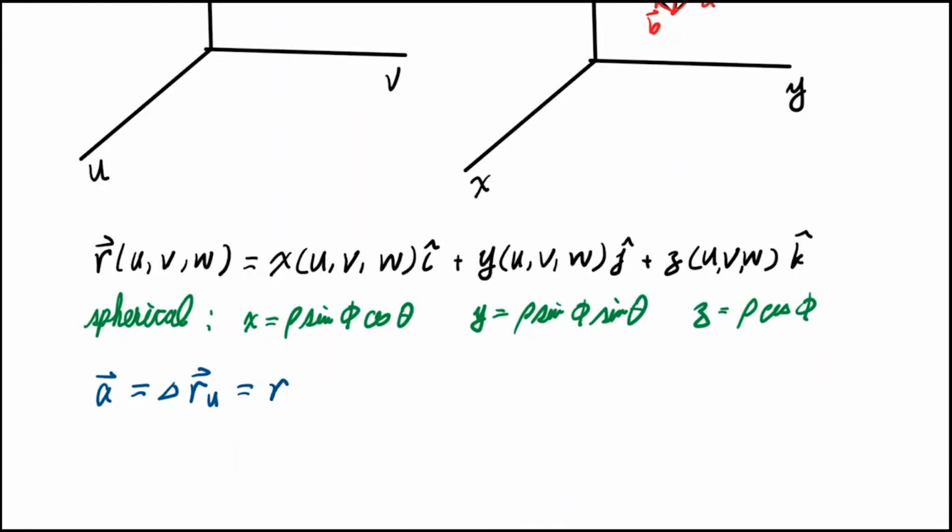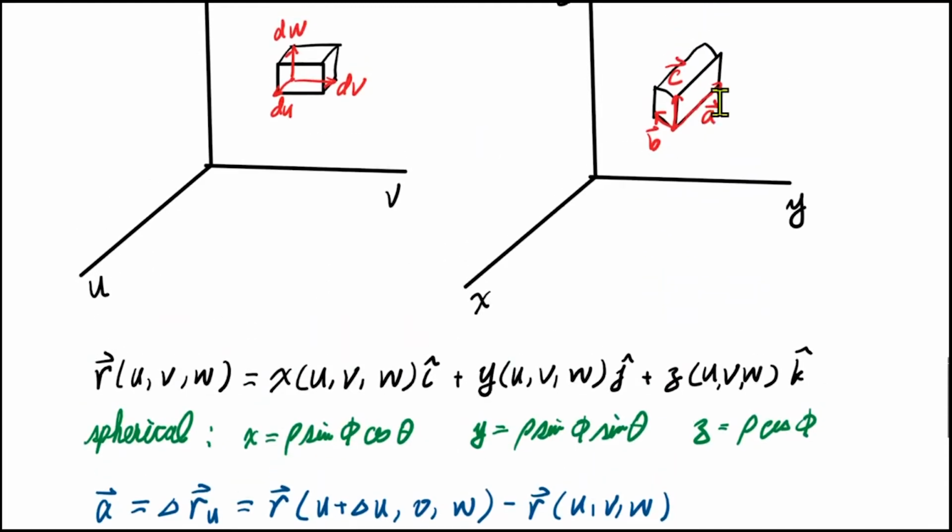And that is r of u varied a little bit, holding v and w constant, minus r at the original position u, v, w. Do you agree with this? Picture-wise, this point minus that point gives you delta r.